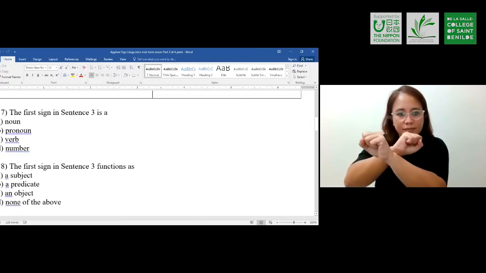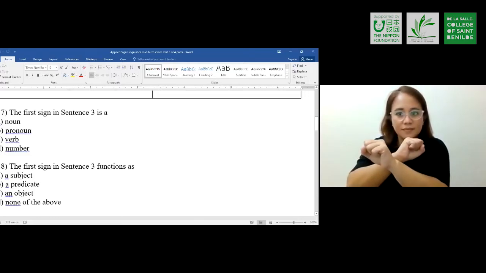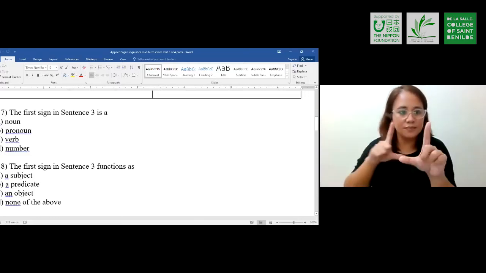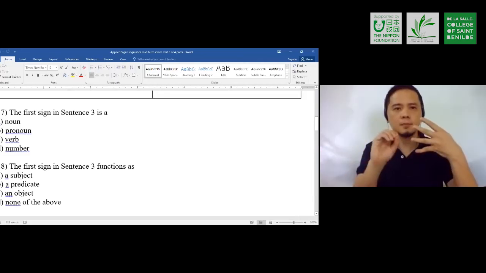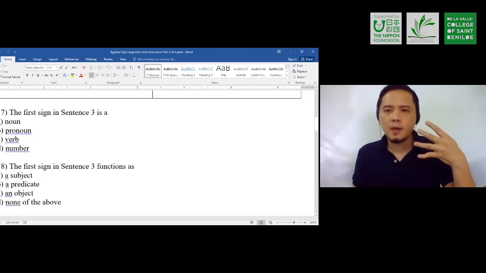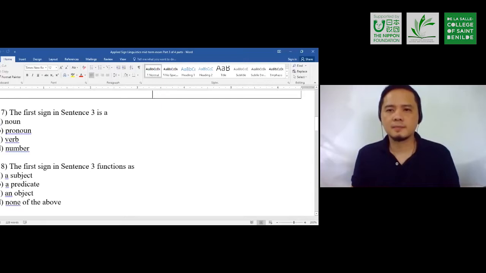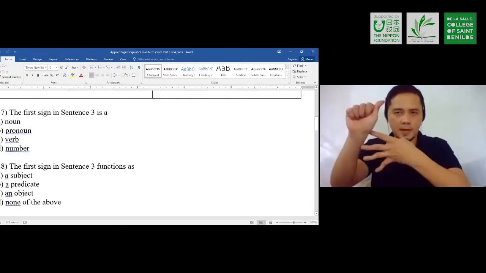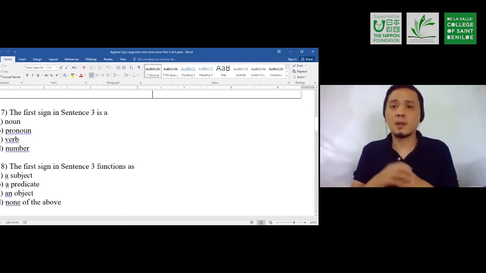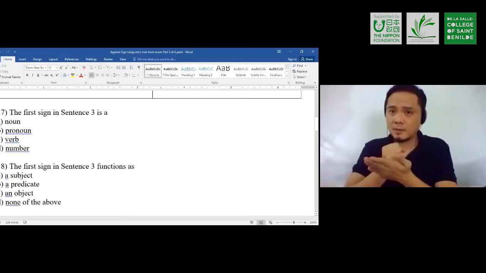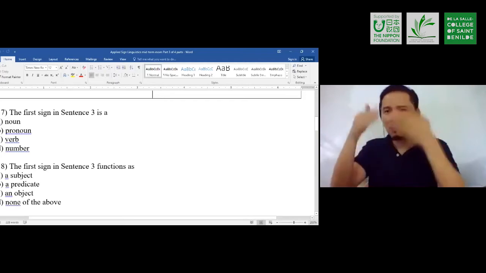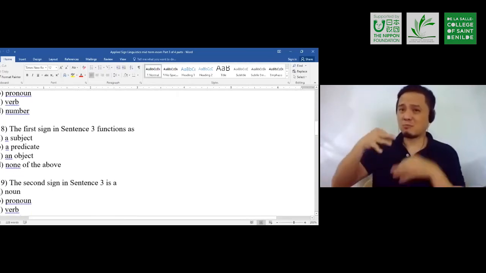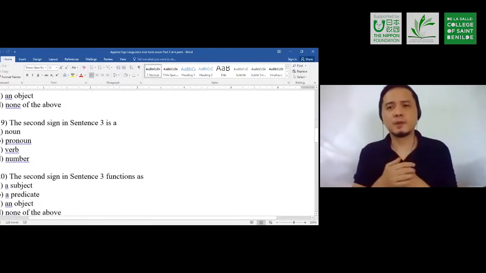Okay, 18, the first sign in sentence 3, this is the first sign, functions as A, a subject, B, a predicate, C, an object, none of the above. I see A's. Yes, that's correct. Now, it's not the complete subject, but it doesn't function as anything else other than a part of the subject. So I'm not sure I explained that clearly before, but anyway, for the future.